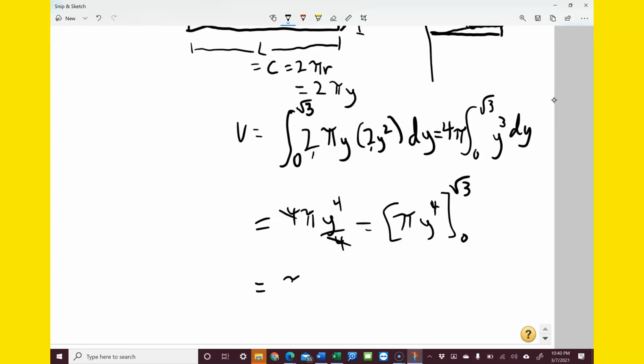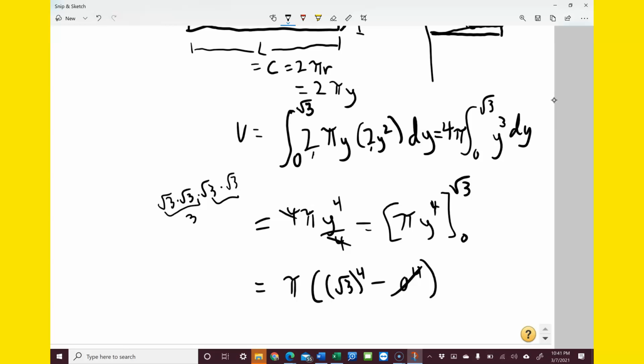which becomes pi times root 3 to the 4th minus 0 to the 4th. So the square root of 3 to the 4th, that's going to be the square root of 3 times the square root of 3 times the square root of 3 times the square root of 3, and that's going to be 3, and that's going to be 3, and then together that makes 9.